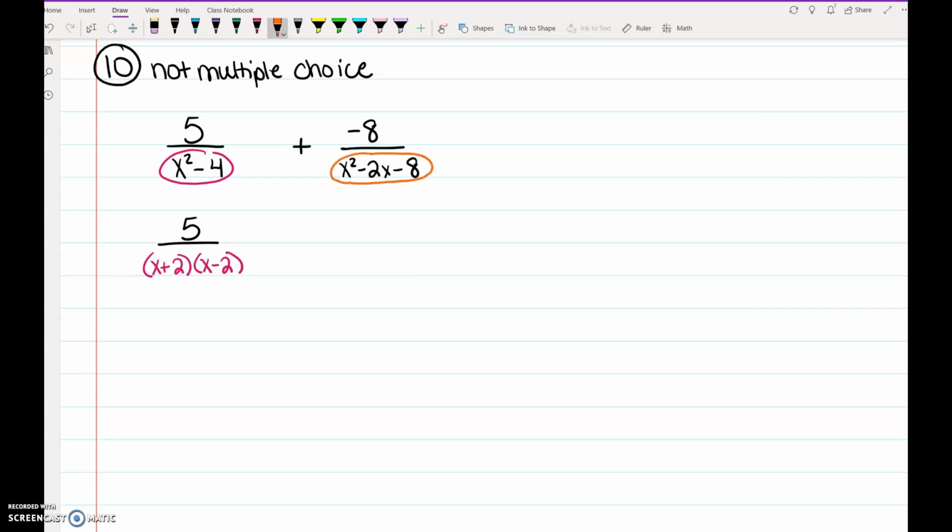X squared minus 2x minus 8. You're looking for two numbers that multiply to give you negative 8 and add up to negative 2. That would be negative 4 and 2. So that one is x plus 2, x minus 4.